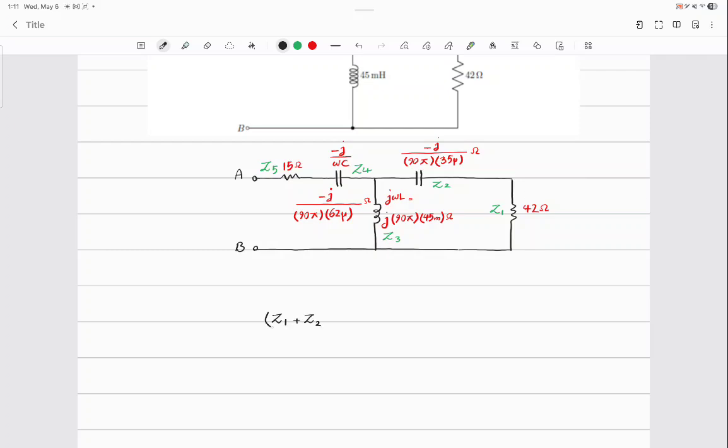Why? Because they are in series. Then in parallel with Z3. Then the whole thing plus Z4 plus Z5. And that would be your Z in, or ZAB, or Z equivalent. Okay?